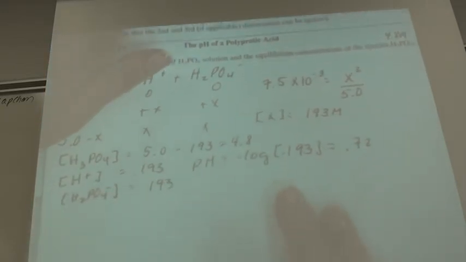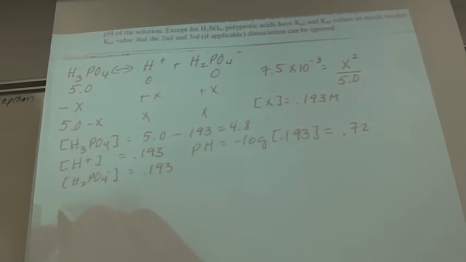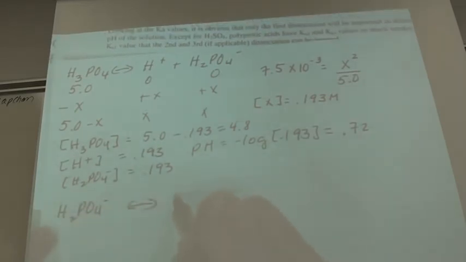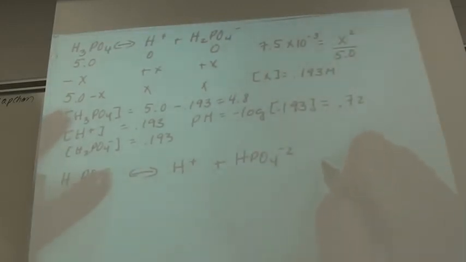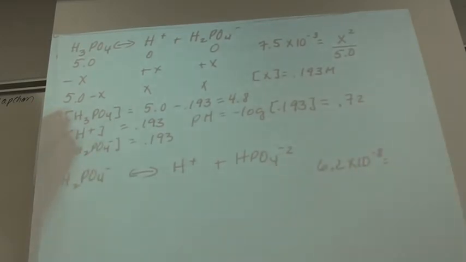Now, let's go ahead and figure out the next dissociation. H2PO4 minus 1 will dissociate into H plus and HPO4 minus 2. The Ka value for this is 6.2 times 10 to the negative 8. The initial concentration of H2PO4 minus is what? 0.193 molar.